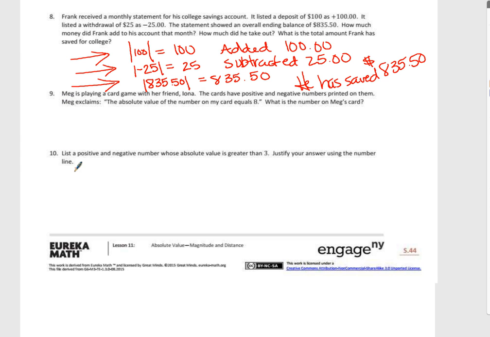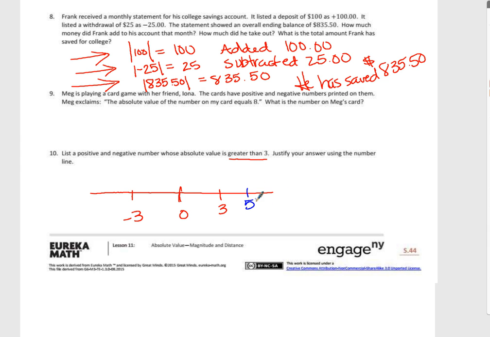All right, let's go down to number 10. List a positive and a negative number whose absolute value is greater than 3. Justify your answer by using a number line. So I'm going to do a number line, and I'm going to have a 0 here. I'm going to have my 3, and then obviously my -3. And we need something that's greater than 3. So what number is greater than 3? Let's pick 5. 5 is greater than 3.